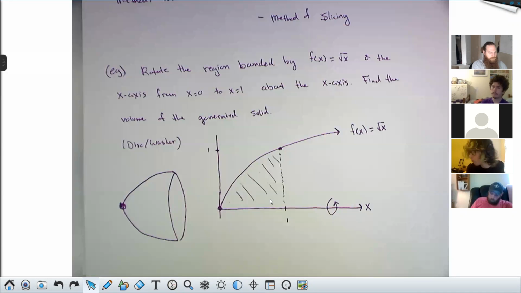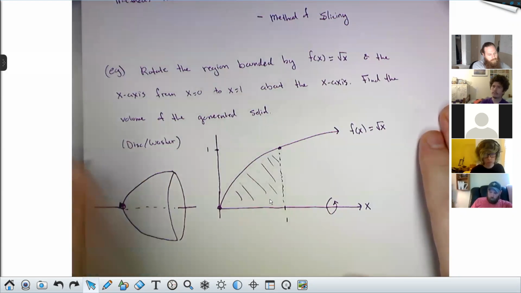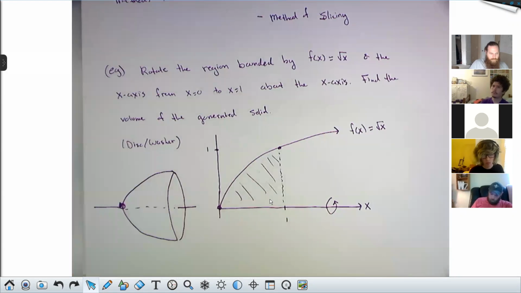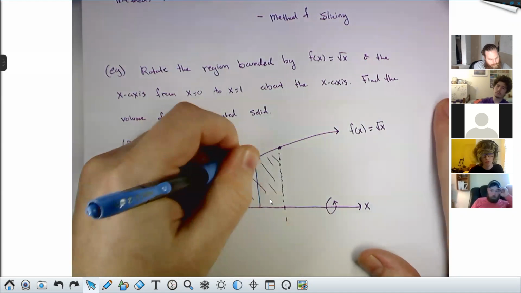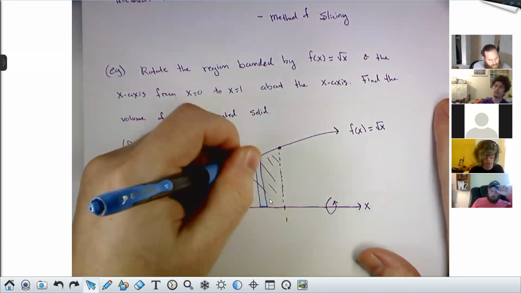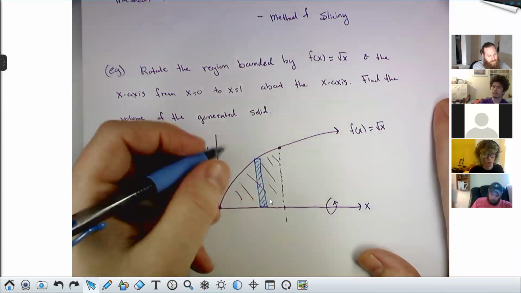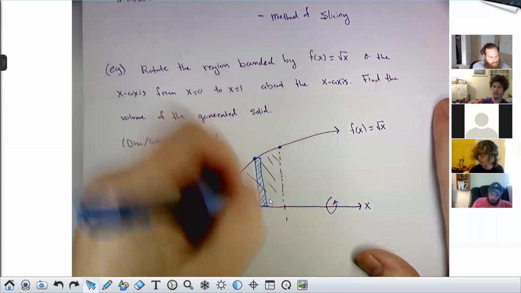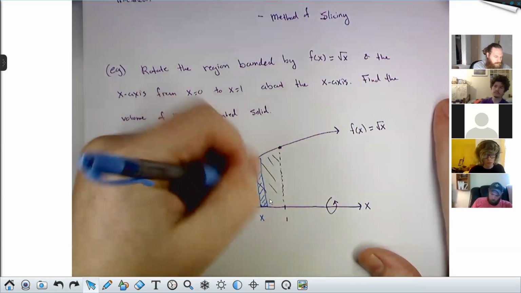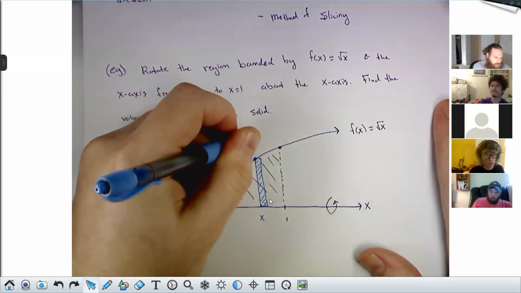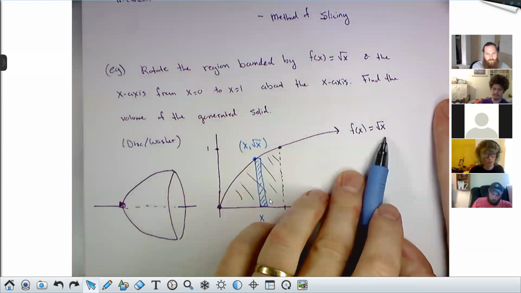If I want to find the volume of that solid, one of the ways I can do that is by coming into my region and drawing a little strip. I say that this strip has thickness dx, and that the position of the strip, the x coordinate down here, is just x, which means that the point where that strip hits the curve is x comma the square root of x, because I'm along the graph f of x equals the square root of x.